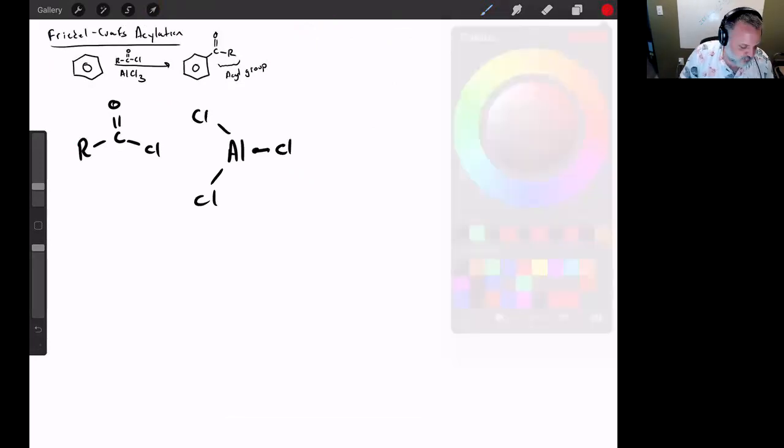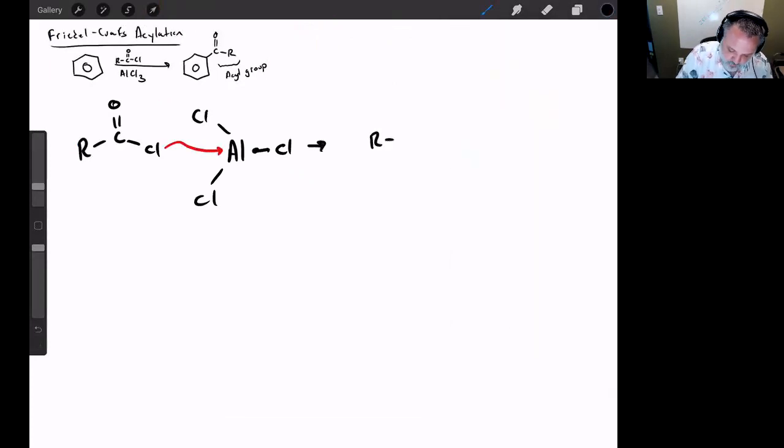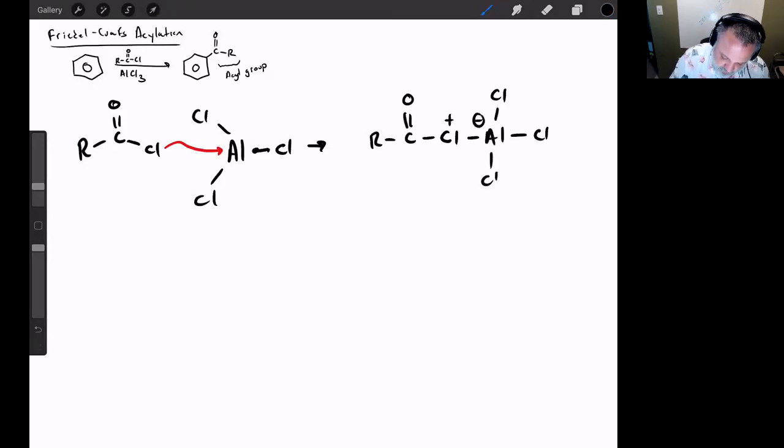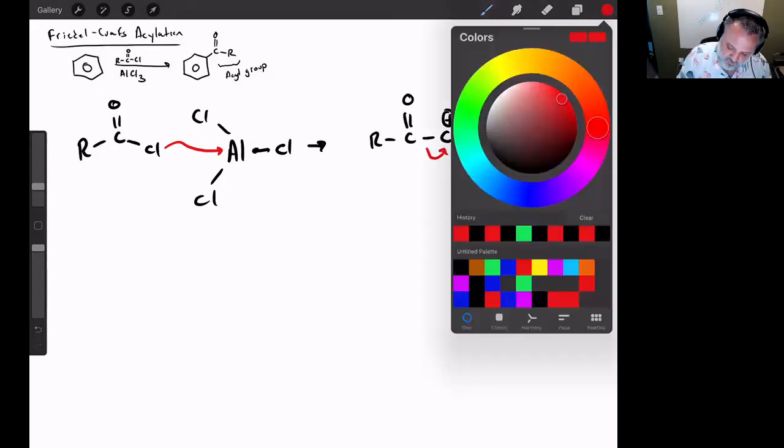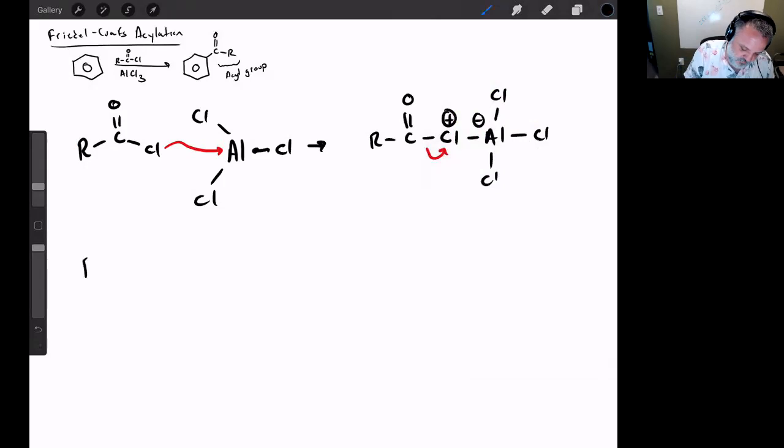And I'm sure you're not surprised, but the chlorine attacks the aluminum, and it forms a four-membered tetrahedral intermediate with 4 bonds. It means it has a negative charge, and there's a positive charge there. What happens, though, is, like before, the AlCl4 will go off on its own and will form this cationic species.